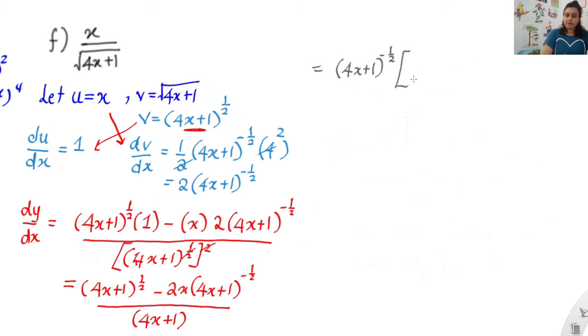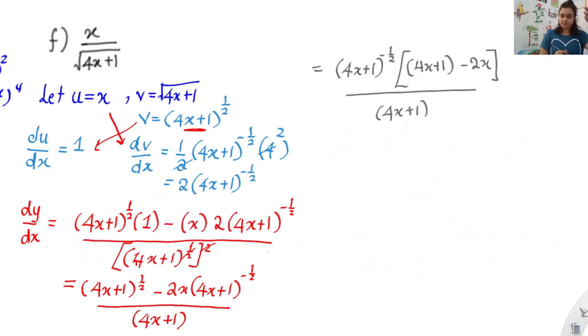Factor that out, then write the remaining. The remaining for the first one will be 4x plus 1, minus 2x. Done. Then copy back the down one, 4x plus 1. Can you see that up has 4x plus 1 to a negative power? That one and this one is what we are going to solve.